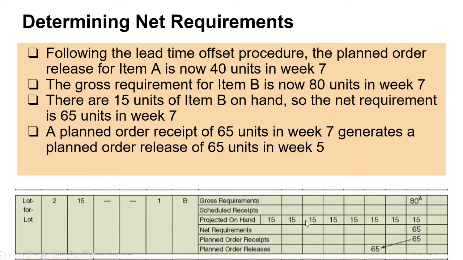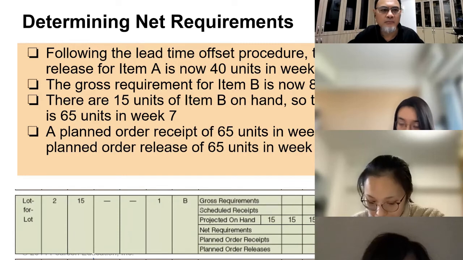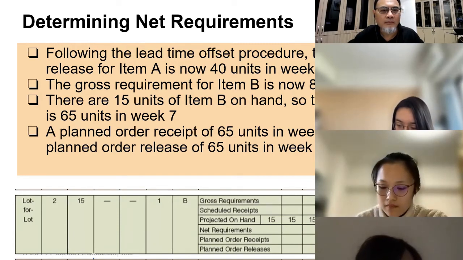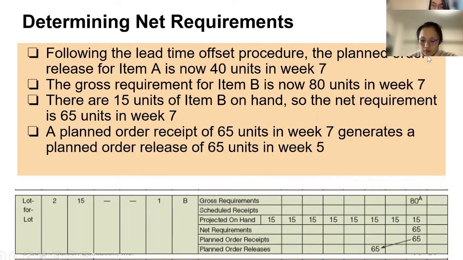Okay, so what have we done actually? We have considered the inventory. How much was the inventory? How many item B in our inventory? So where did we get the information from?